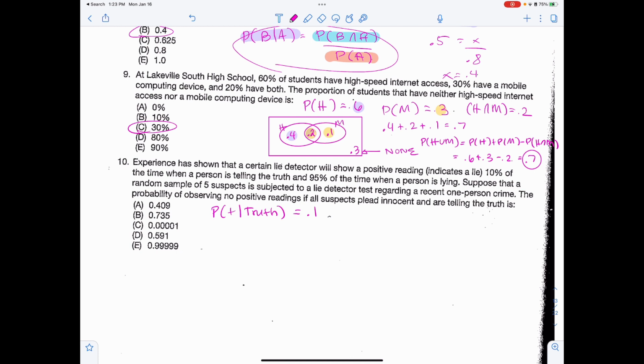So it's basically wrong because it's saying it's a lie. So it's saying, hey, positive reading, and this means they told a lie. But you're telling the truth. They say, are you Miss Brown? I say yes, and it goes beep, beep, beep, and it says 10% of the time I'm lying. Okay?